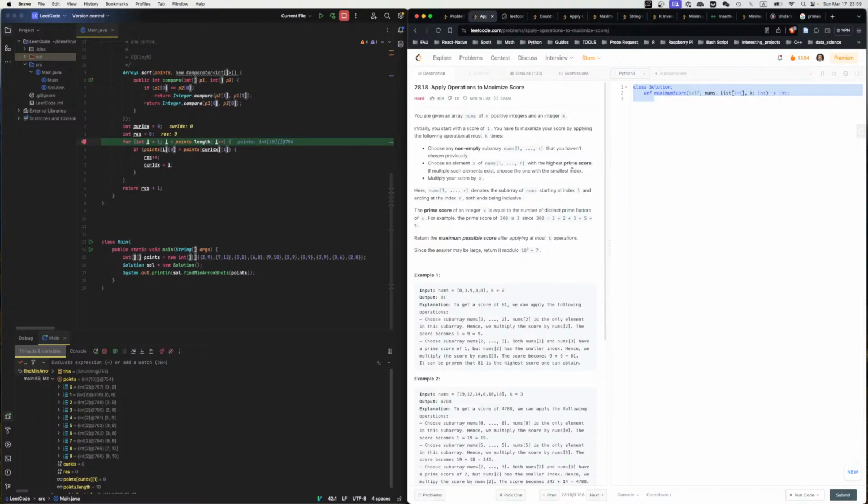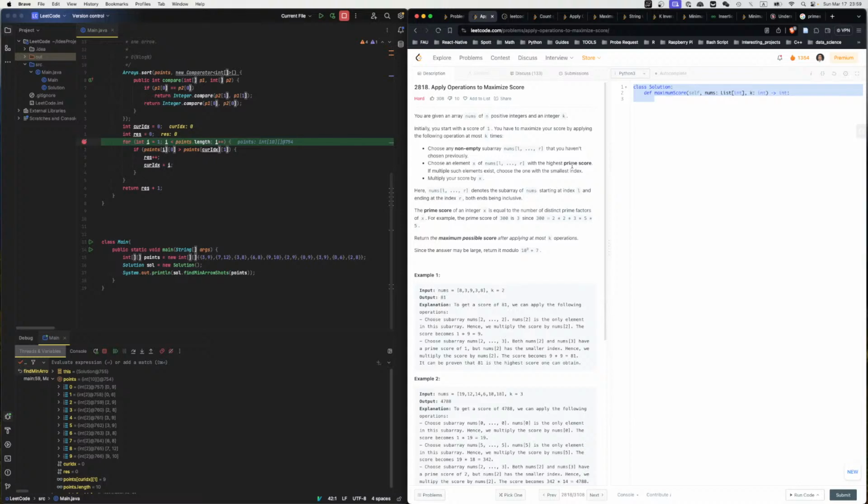Why do we need that? I kind of forgot. Because what we want is a non-empty subarray, and choose an element with the highest prime score. If multiple exist, choose the one with the smallest index, and then multiply your score by this x.